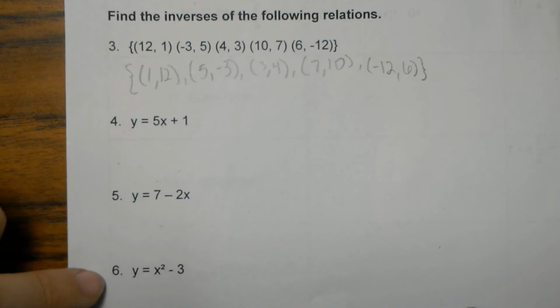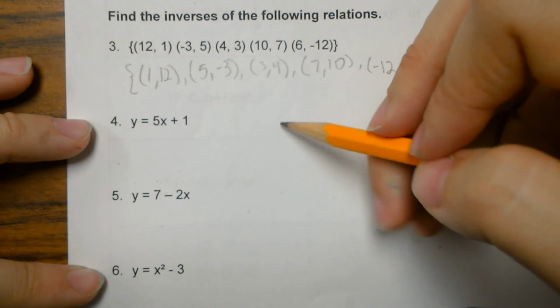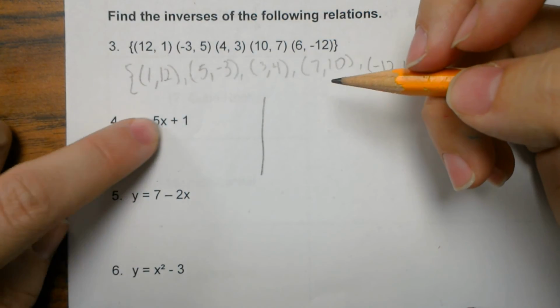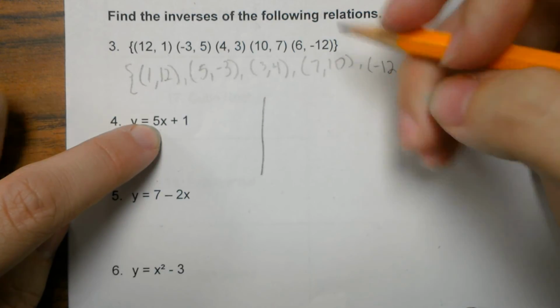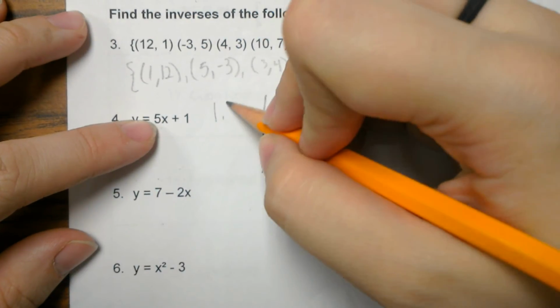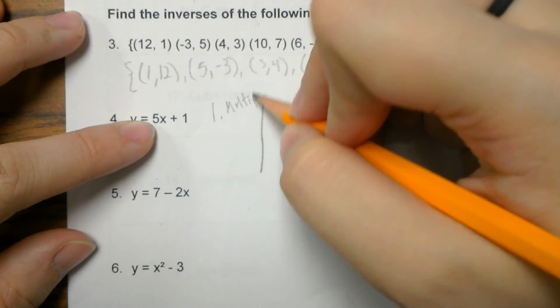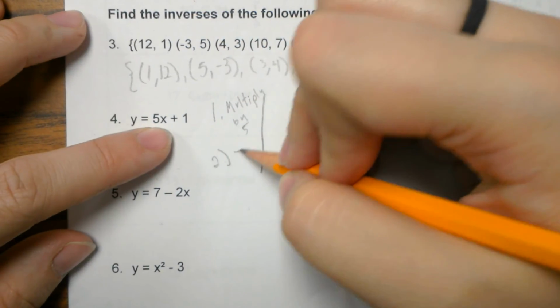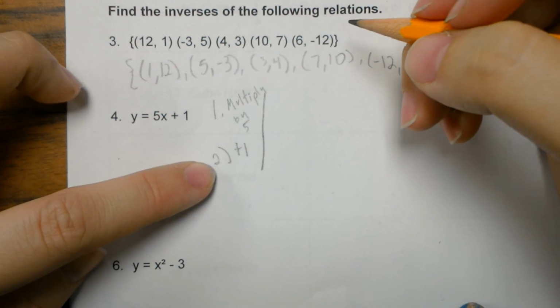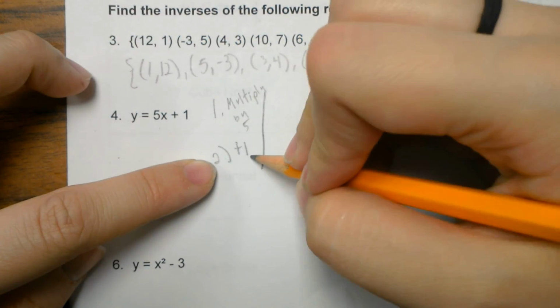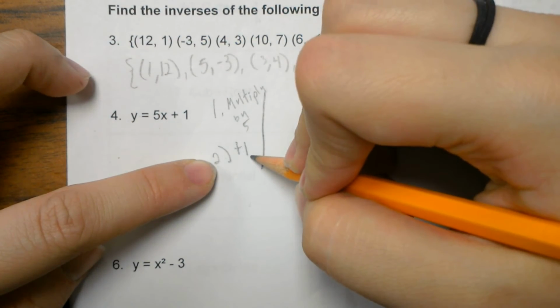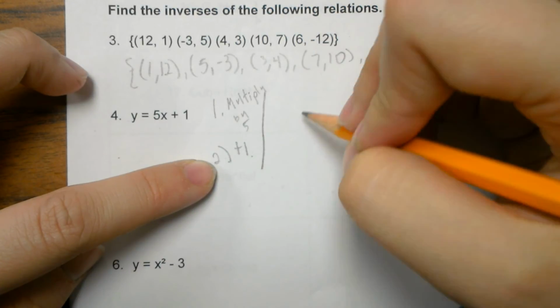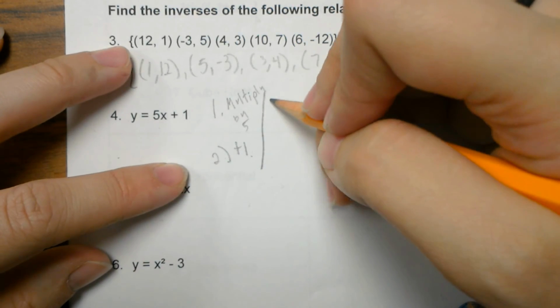And then for these, when we had equations, we talked about writing out our steps, making a little table. The first thing I did to x here was multiply by 5. Then I added 1. So when I look at my inverse, I'm going to start with that last step and do the opposite operation. So instead of adding 1 for my inverse, I'm going to subtract 1.